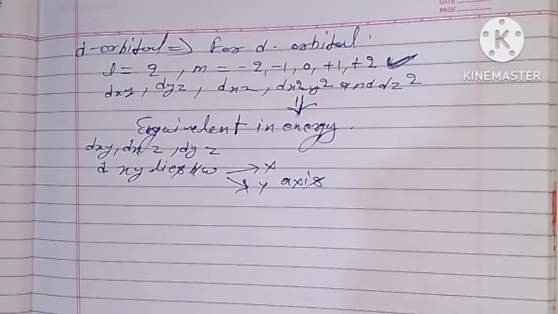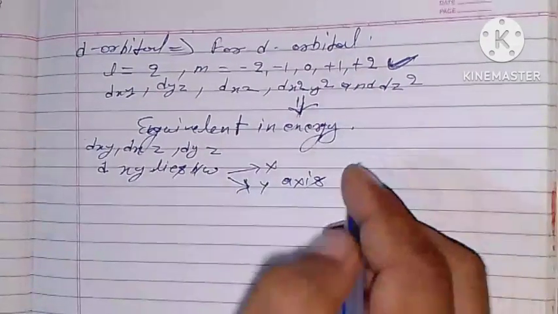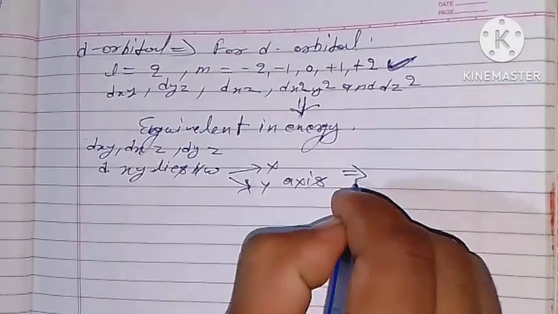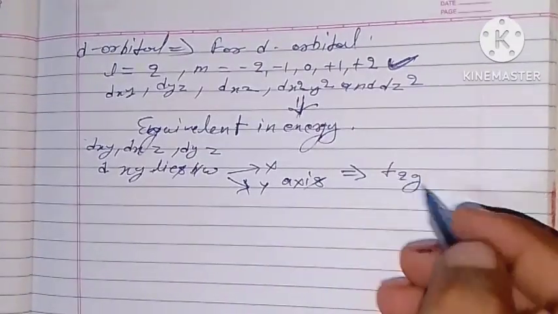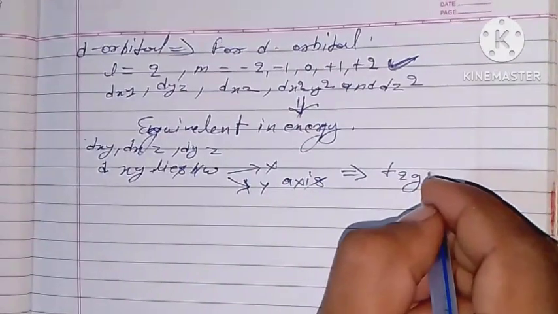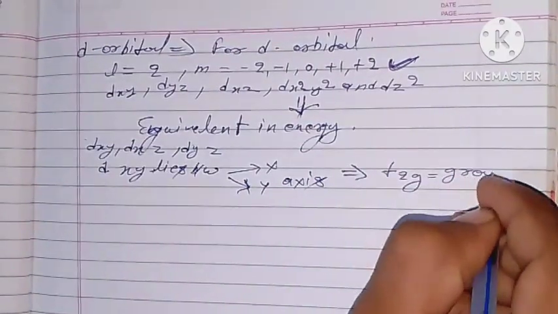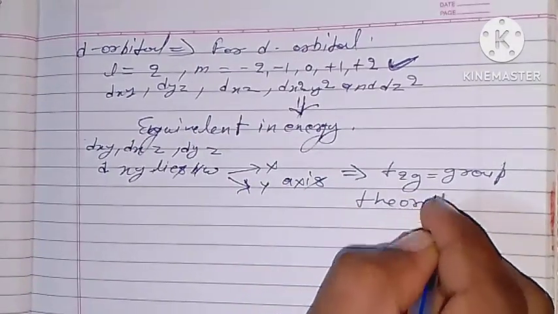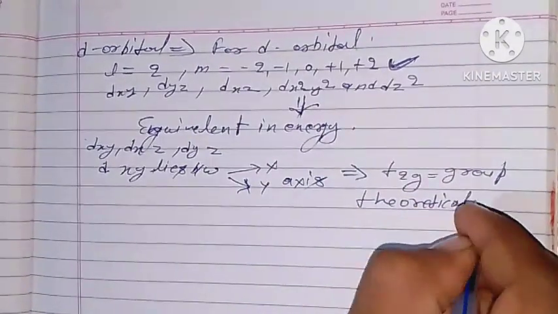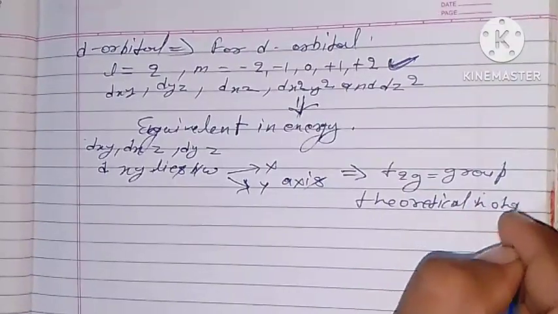The set of these 3 orbitals is represented by t2g in group theoretical notation.